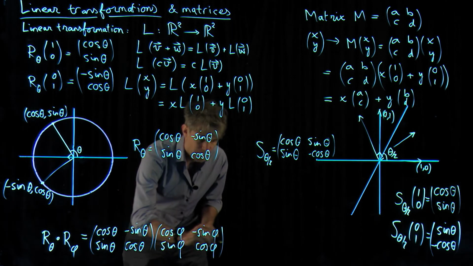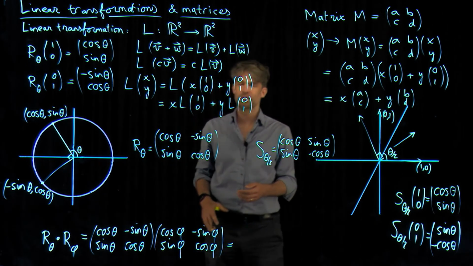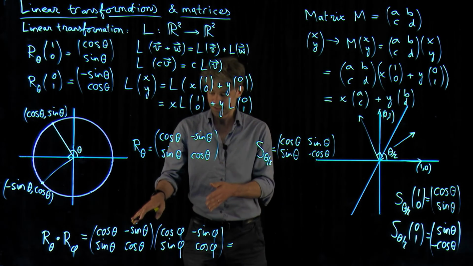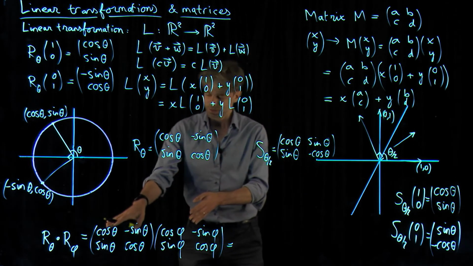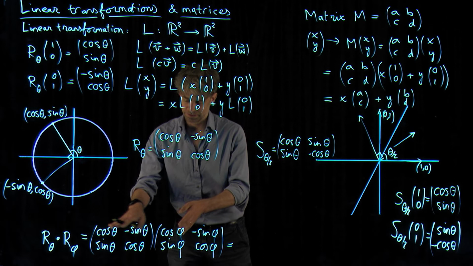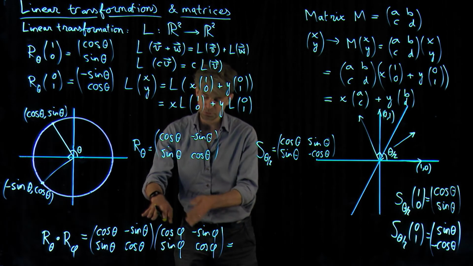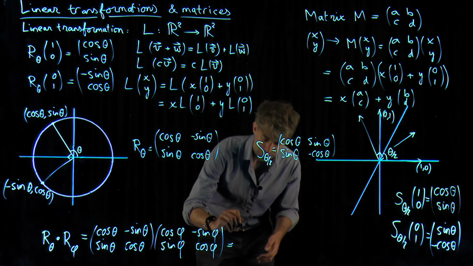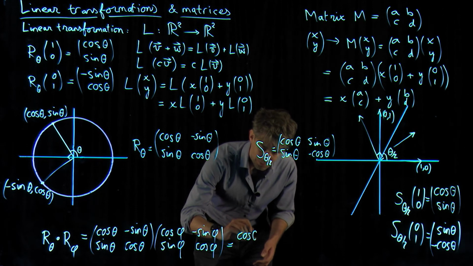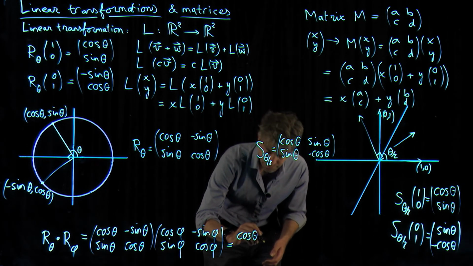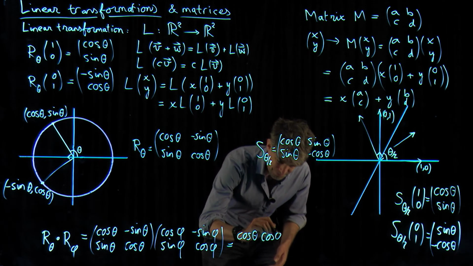There you go. And a multiplication of matrices, well, I hope you've seen a video about this or simply know. You multiply the first row with the first column, so we get cosine of theta times the cosine of phi.